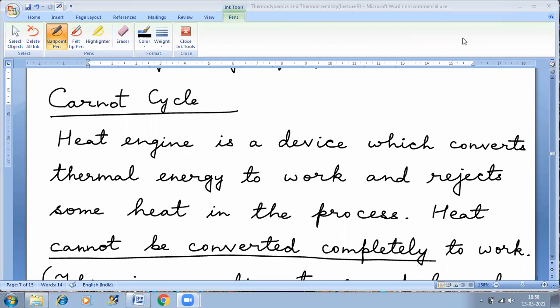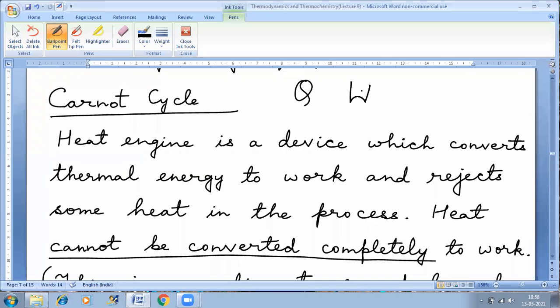Carnot cycle. Now, heat is capital Q, work is capital W. And we're talking about a heat engine, which is a device that converts thermal energy to work and rejects some heat.